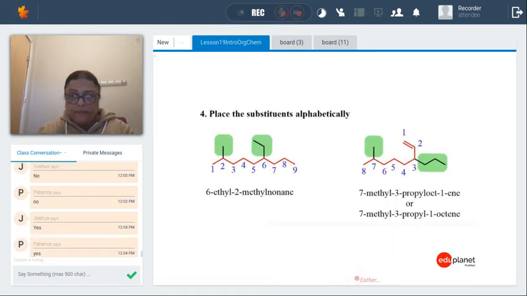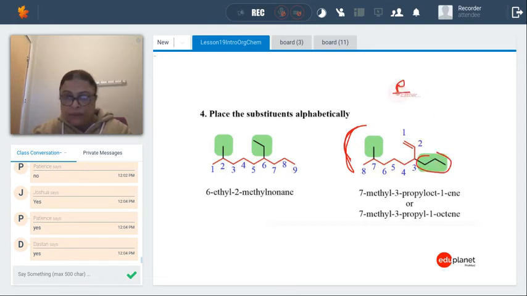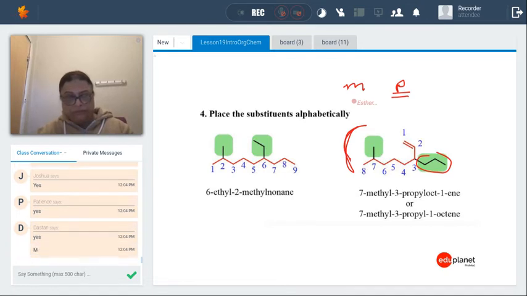All right. So how do I call this compound? This is a propyl, P. This is a methyl, M. What is in the alphabet before, the M or the P?